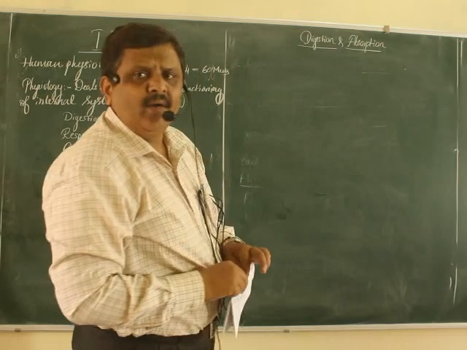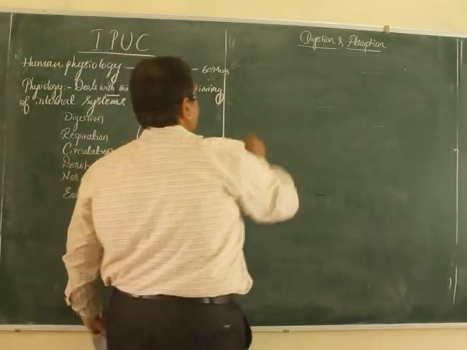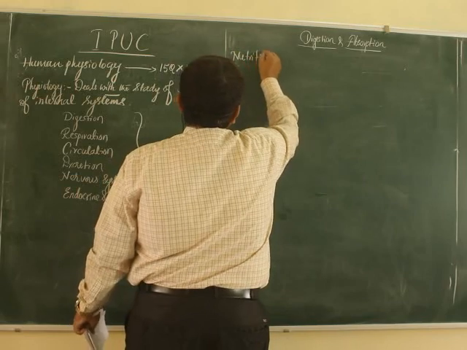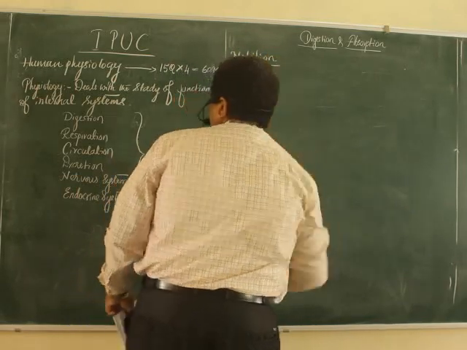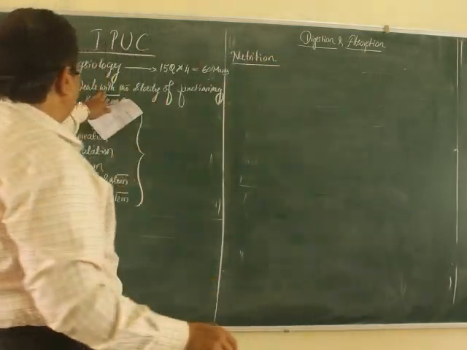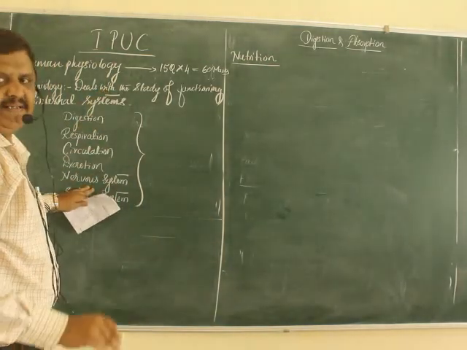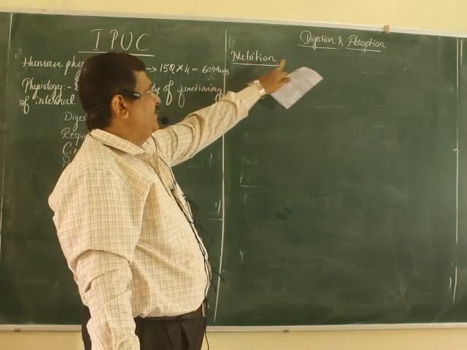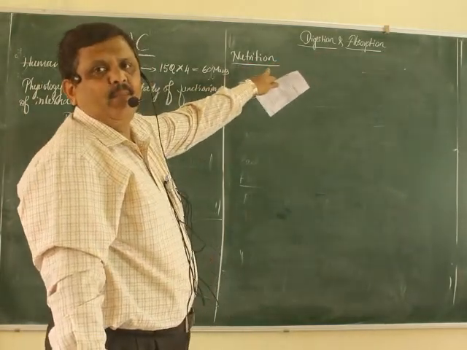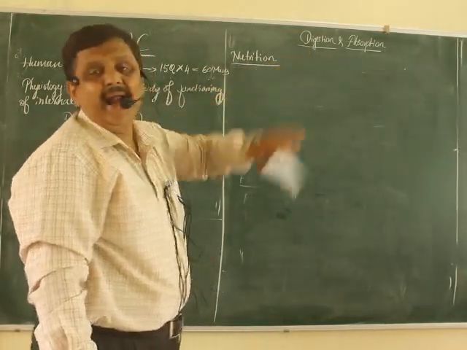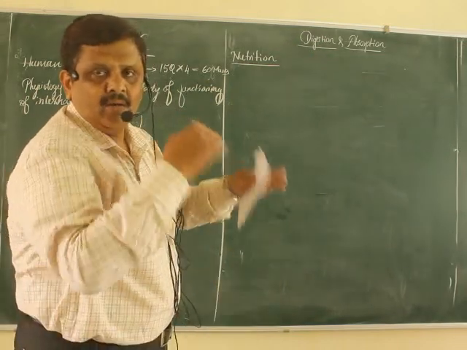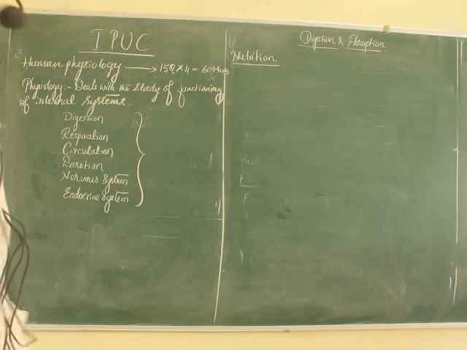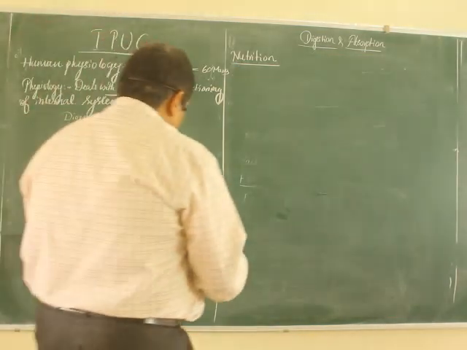Before going to that, we should know the definition of nutrition. Don't write this, these two things, this is an introduction. You start writing from digestion and absorption. From that concept onwards, you start writing the notes.